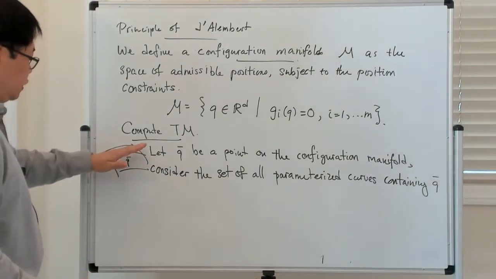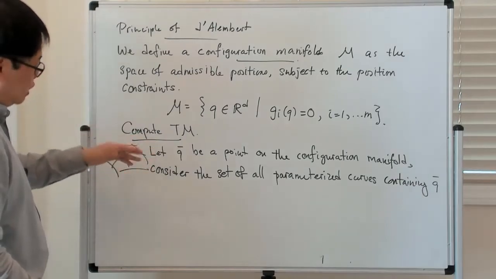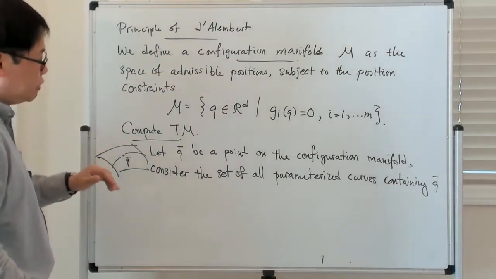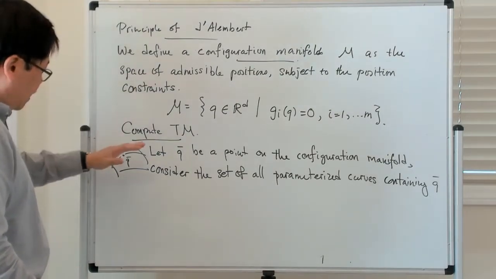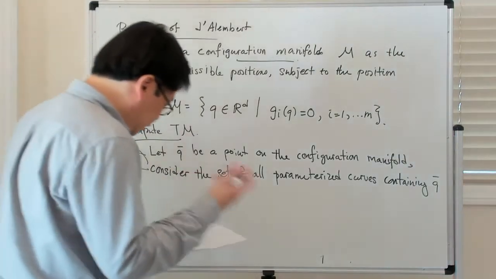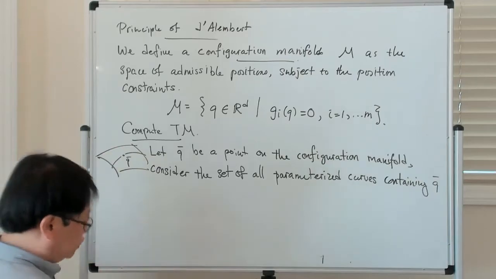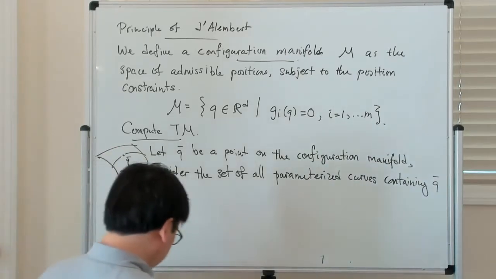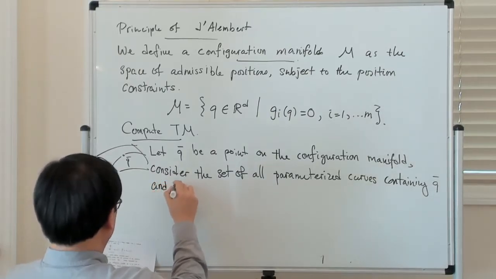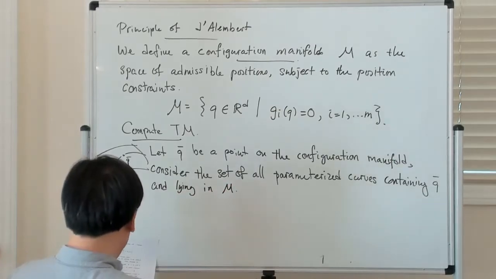If you differentiate one of these parametrized curves at the point Q bar, with the property that the curve is on this configuration manifold M, then you have an element of the tangent space. And you vary over this to find all possible tangent vectors, containing Q bar and lying in this configuration manifold M.